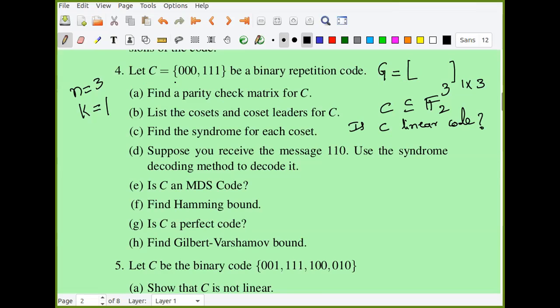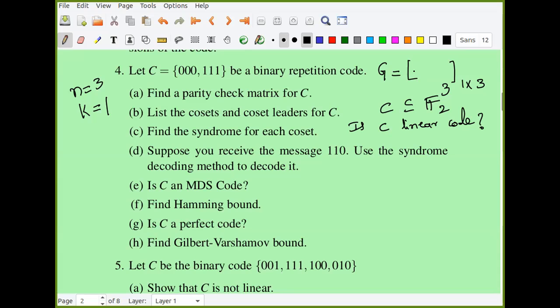No, no. See, very simple question. This is a linear code. It is called the binary repetition code, right? It is a subset of F2 power 3. No problems, right? And why is the dimension 1? Because dimension means the number of linearly independent vectors in this, right? Only one is there. So k equal to 1.